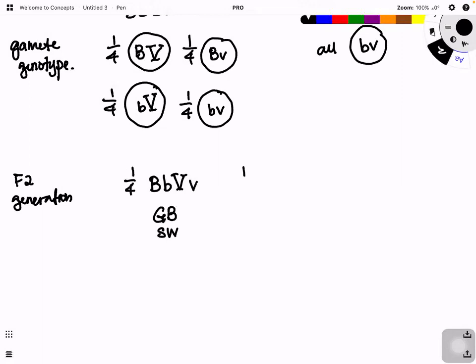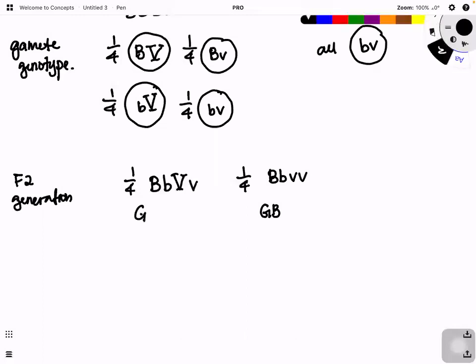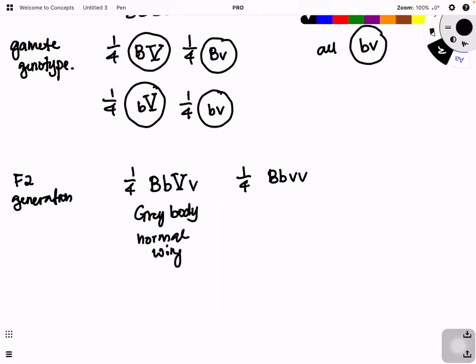I'm going to have another 1/4, big B, small v, small b, small v. This one will give us a gray body, but short wing.